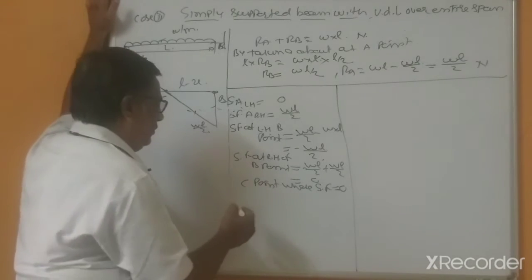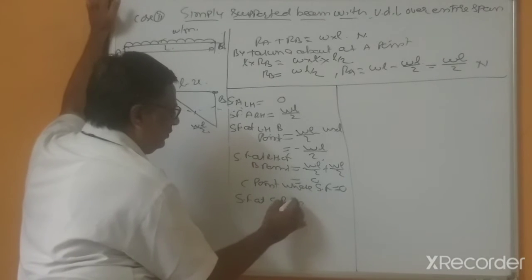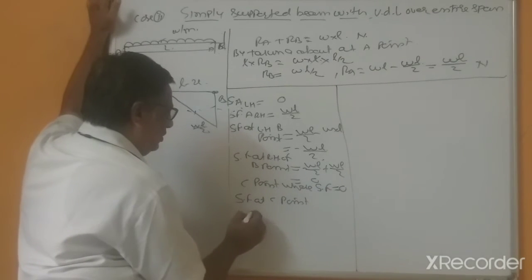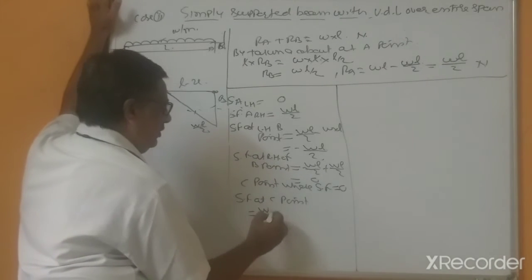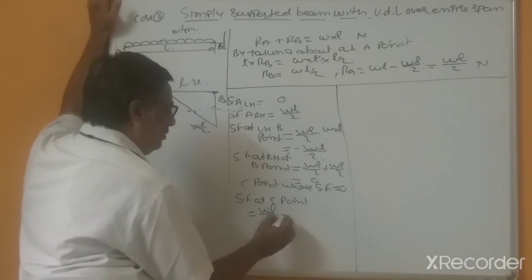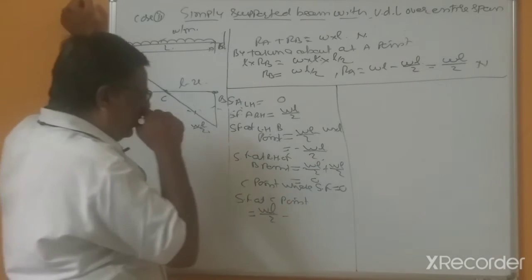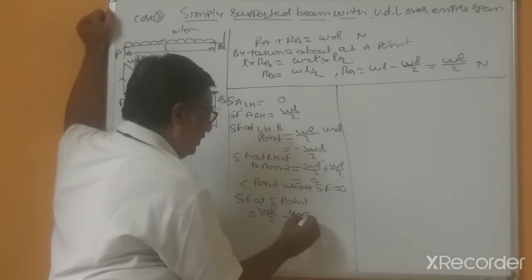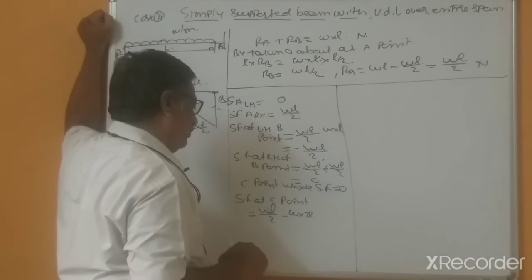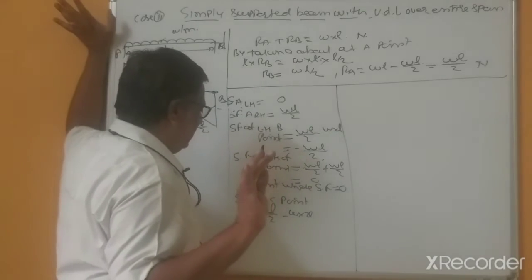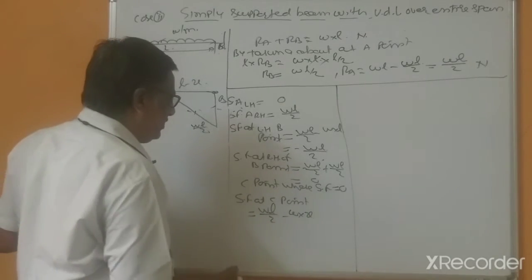Now shear force at C point equals W L by 2 minus, because this is A point, W into X, right, because this distance is X and this is load per meter multiplied by distance.